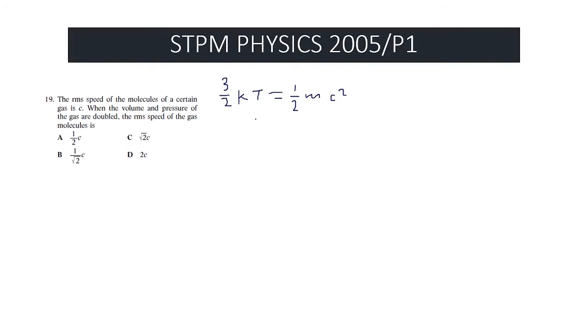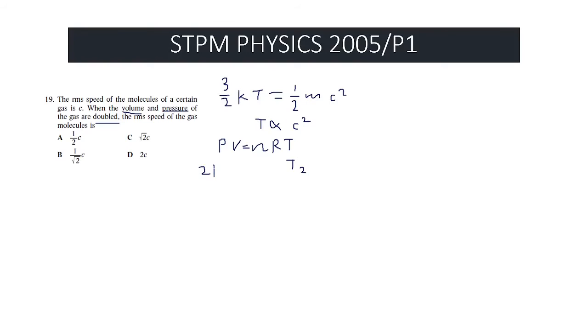And we can see that this T is proportional to C squared. And now we apply PV equals nRT. Now let's say we have temperature T2 when the volume and the pressure are doubled.